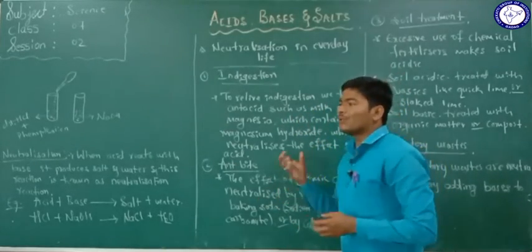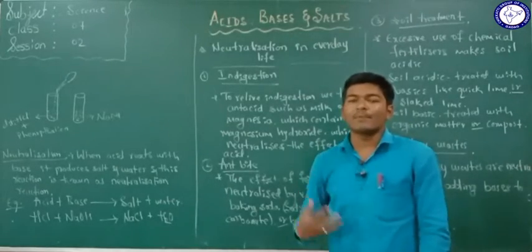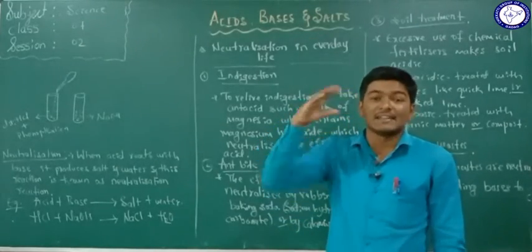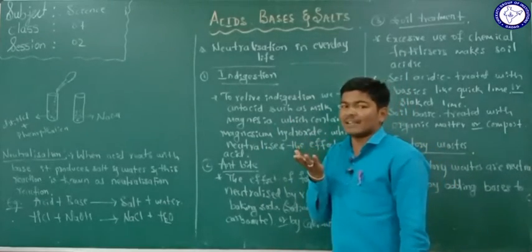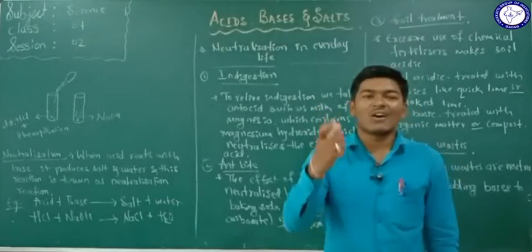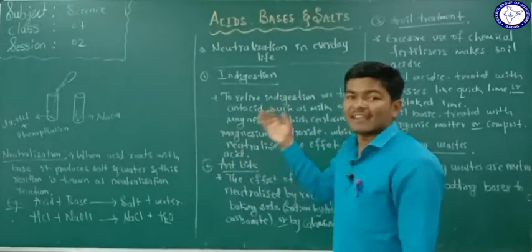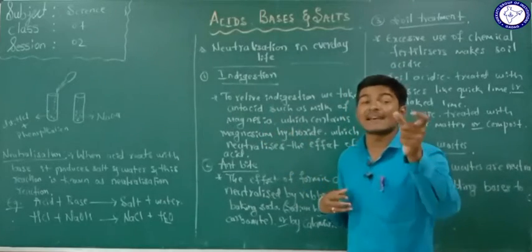So when we eat more acidic foods, what happens? The acidic property of the stomach increases. The more the acidic property of the stomach increases, it causes indigestion, and that indigestion causes stomach pain.